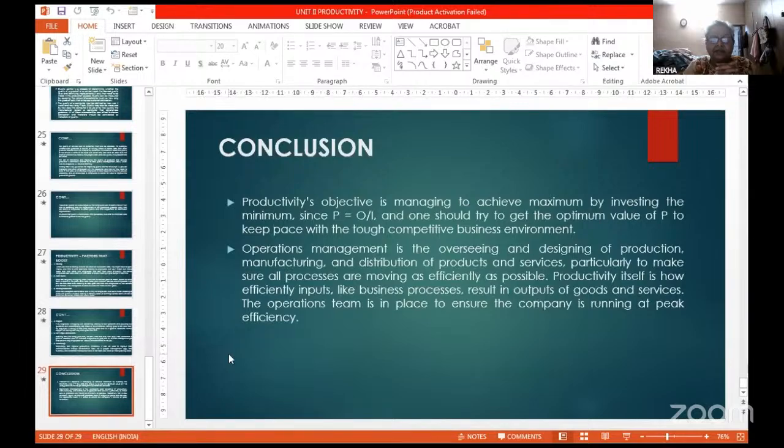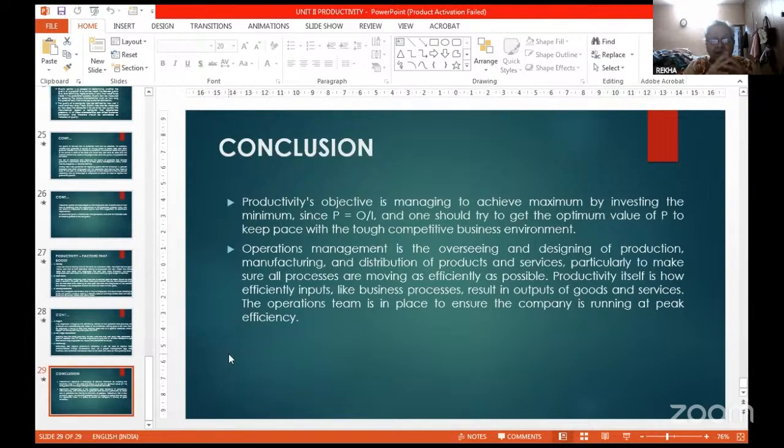Operations management is the overseeing and designing of production, manufacturing, and distribution of products and services, particularly to make sure all processes are moving as efficiently as possible. Productivity itself is how efficiently inputs like business processes result in outputs of goods and services. The operation team is in place to ensure the company is running at peak efficiency.